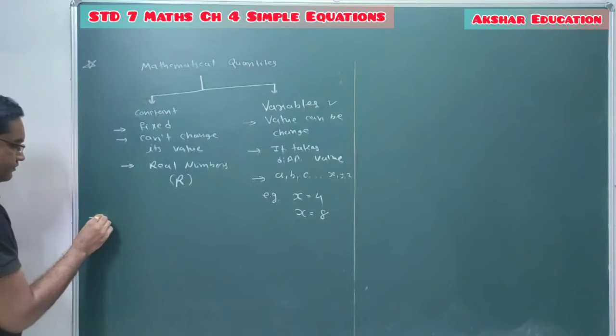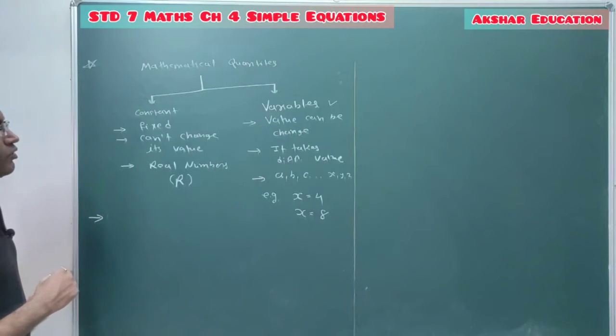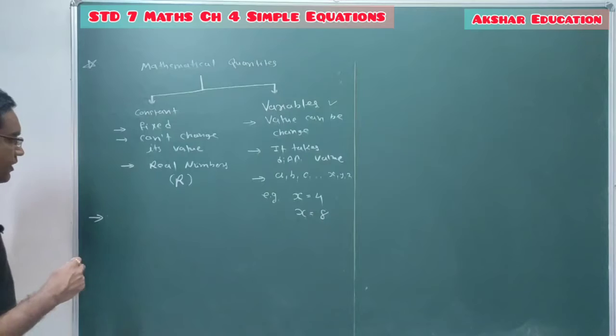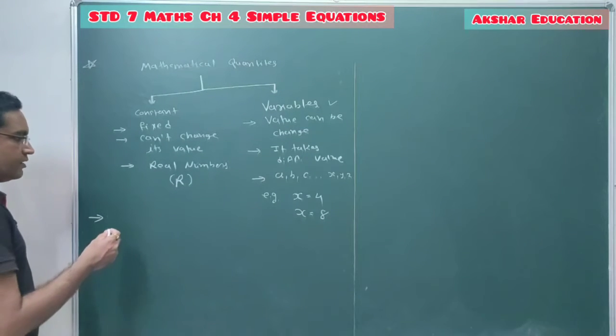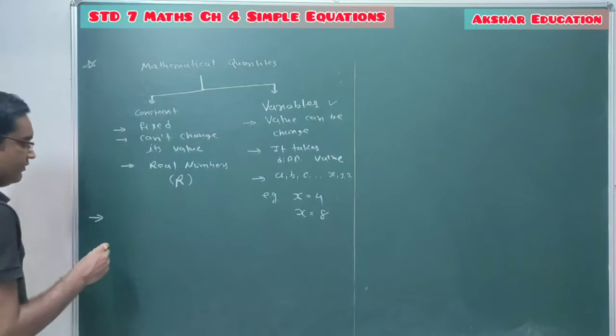Now these constants and variables can be combined with each other by using the multiplication and division processes. Basically we have four basic operations, so we are considering multiplication and division.